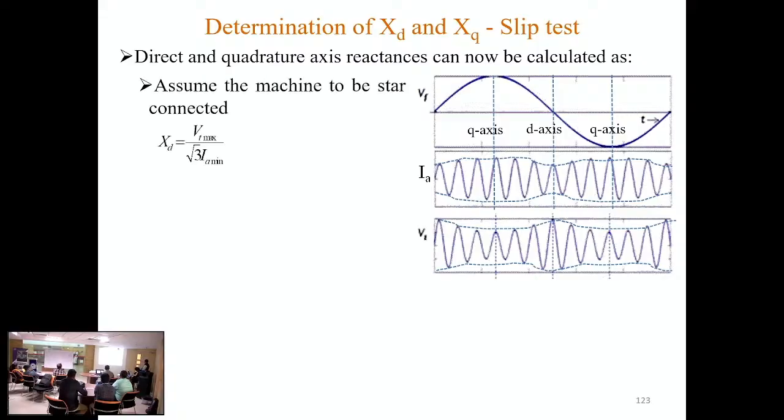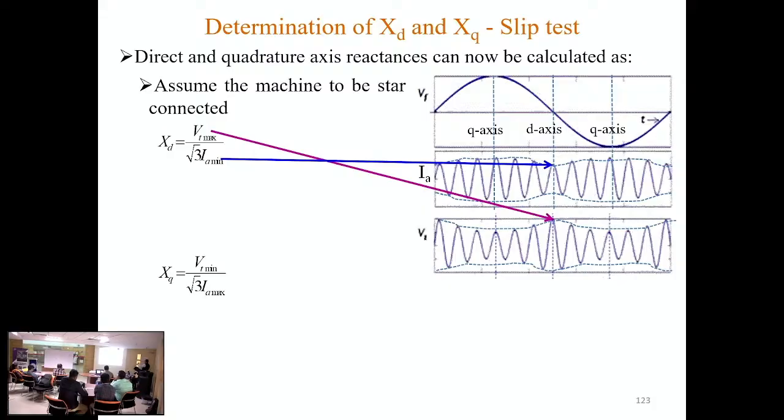Assume the machine to be star connected, so XD will be Vt max by √3 divided by Ia minimum. Along the D axis, this line voltage divided by √3 gives the phase voltage, divided by this minimum current, which gives XD. XQ will be Vt minimum by √3 divided by Ia max, since along the Q axis current is maximum and voltage is minimum. So Vt minimum divided by √3, the phase voltage, divided by Ia max gives XQ.